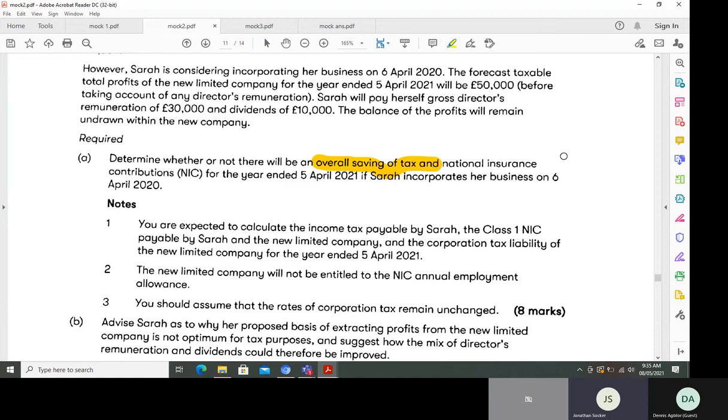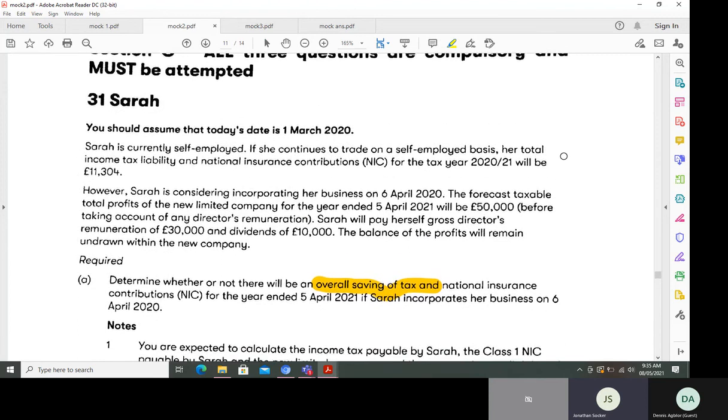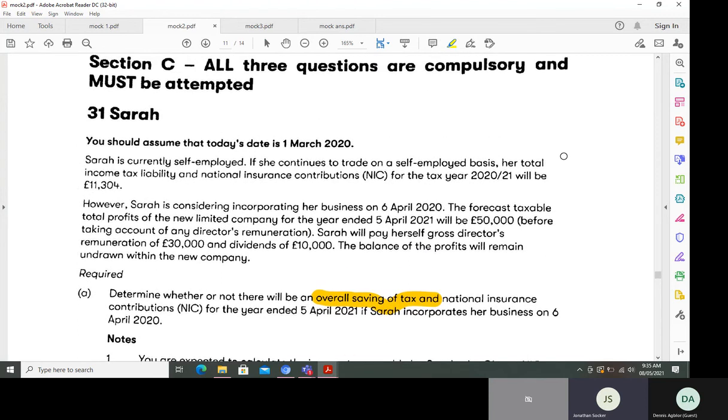So let's see what is here. Okay, that Sarah is currently self-employed, and if she continues to trade on a self-employment basis, her total income tax liability and NIC for the year will be so much.